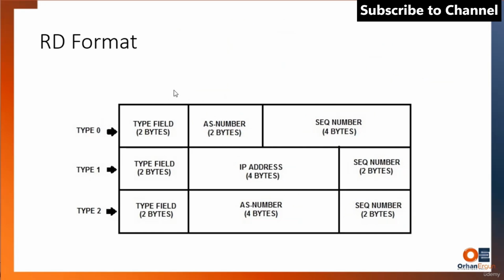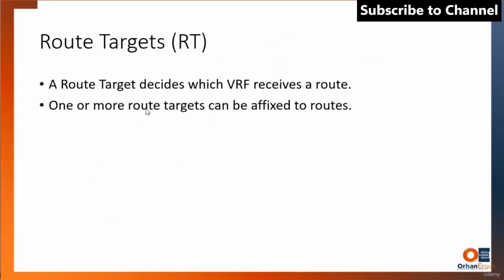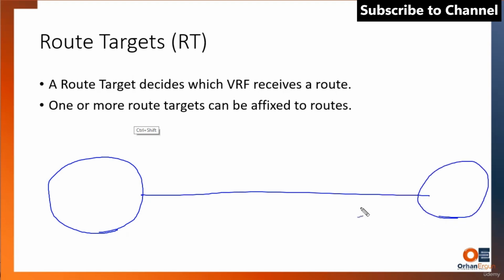But there is another concept which a lot of people mix with route distinguisher. Like I said, route distinguisher is locally significant, but route target is significant in transit, which is very important to understand. The format of route target is kind of similar to route distinguisher, but what route target does is this. I'm going to have this router here connected to another router here.